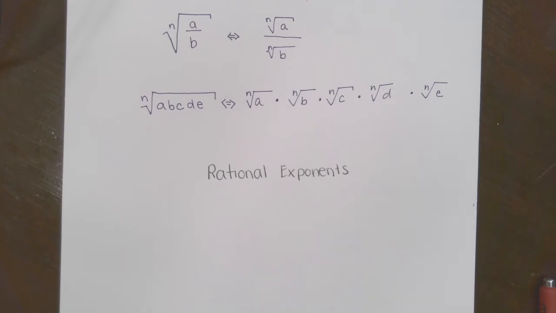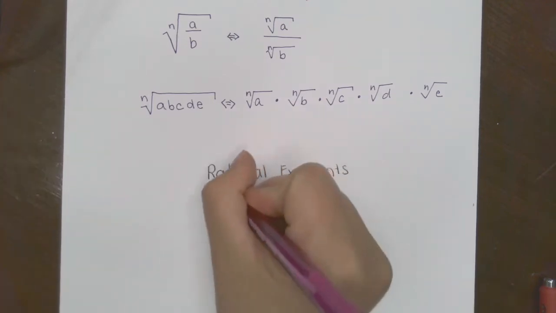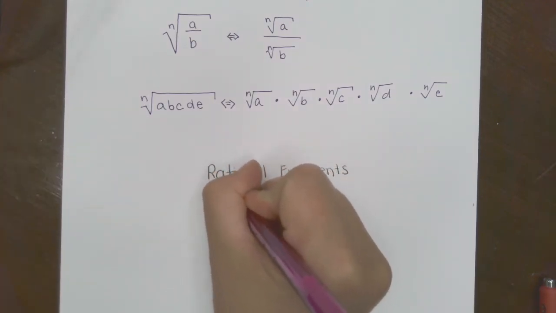A fraction can look like a fraction, or a fraction can look like a whole number. I claim that 2 is a fraction. Why do I claim that 2 is a fraction? Because it's over 1. Exactly. I claim that 25 is a fraction. So 25 is a rational number, the same way as 3/4 is a rational number. So rational just means fractions.